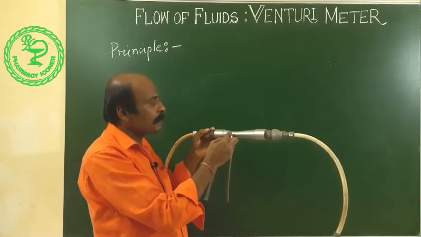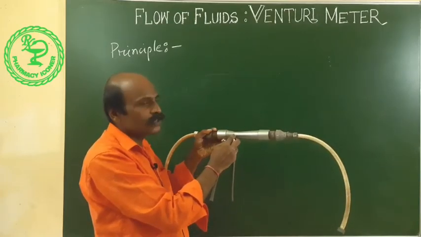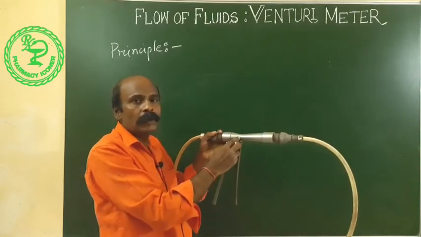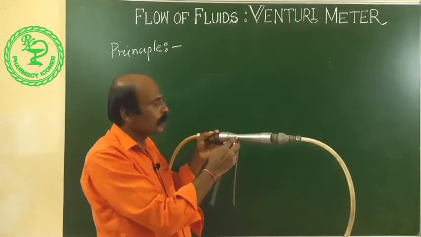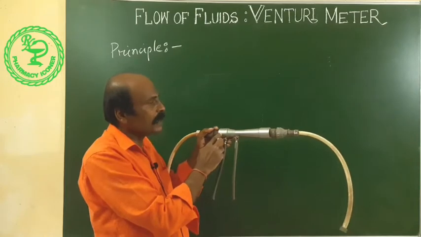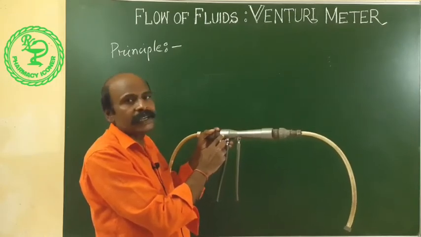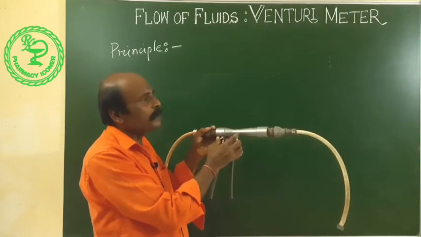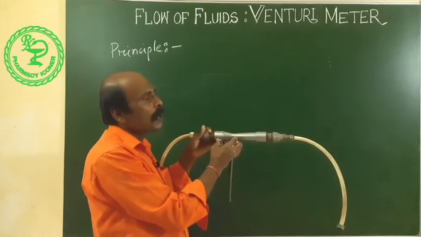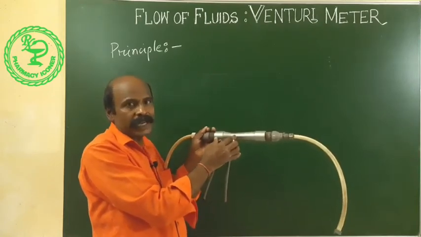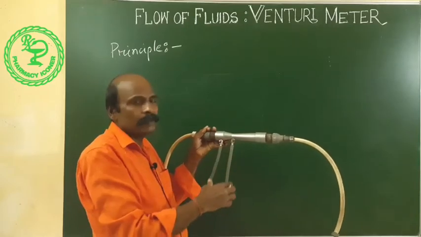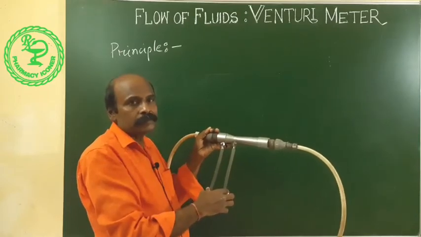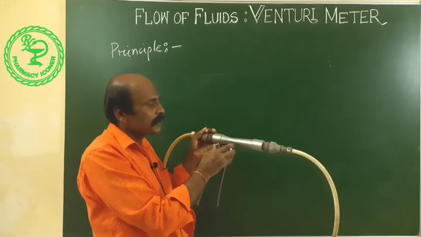So, as the velocity is higher at the throat, the pressure head is low, and here velocity is less, then pressure head is high. Now, we can measure the pressure difference or the pressure head difference with the help of the manometer. This is the principle.